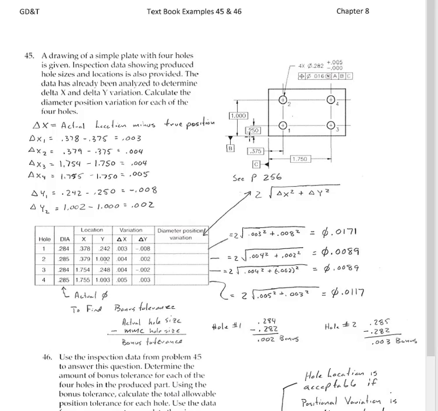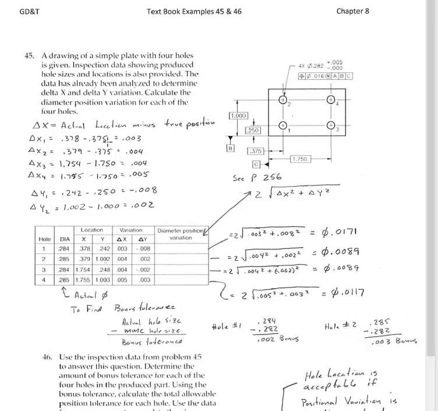And all we do is take the position, that's the actual location, minus the true position. Now, the true position of the holes is defined by these basic dimensions here. Okay, so for x1, the actual position is 378 from the table.